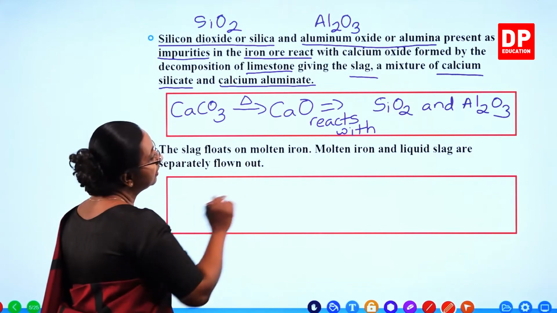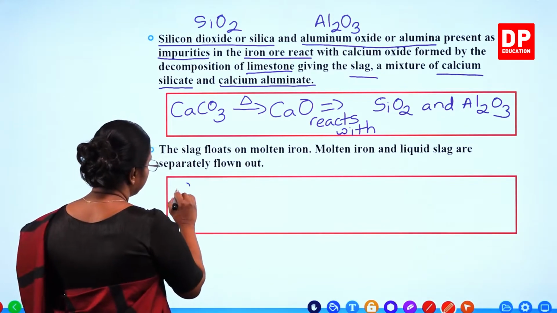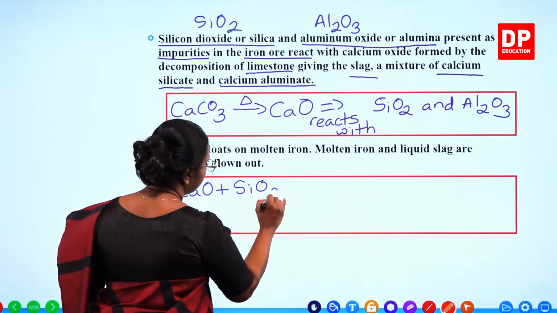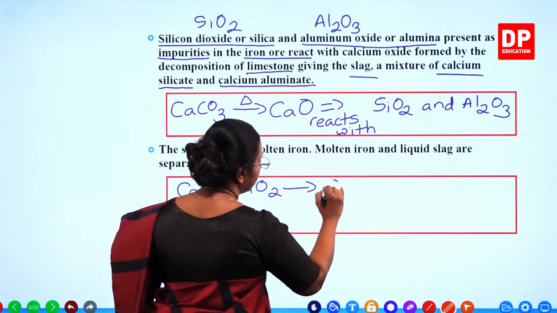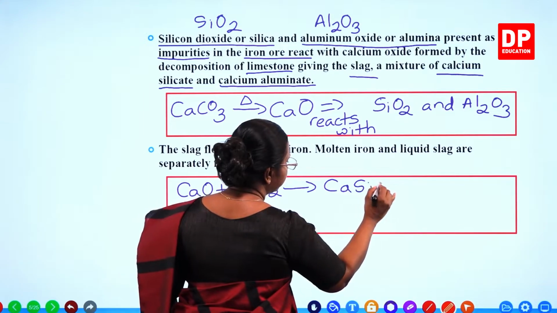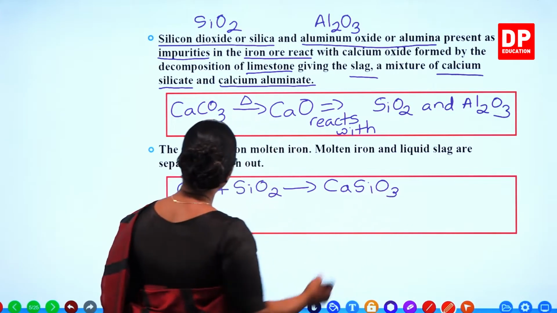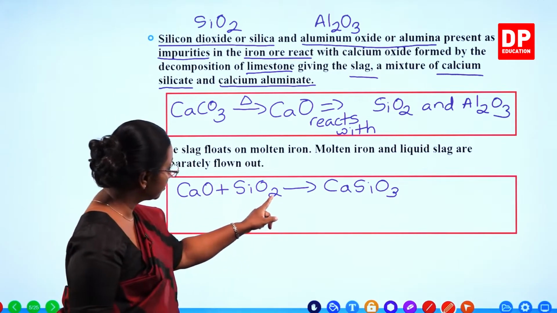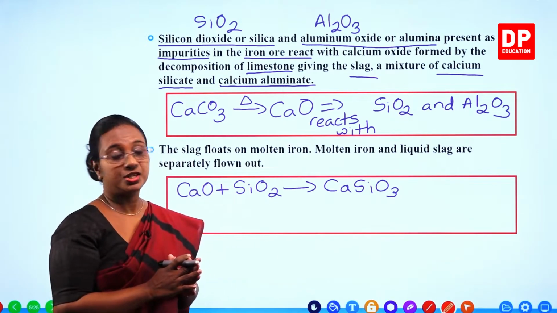I will write the reactions here. So, calcium oxide plus SiO2 gives rise to calcium silicate, CaSiO3. You can remember easily students, this is also a chemical combination reaction.